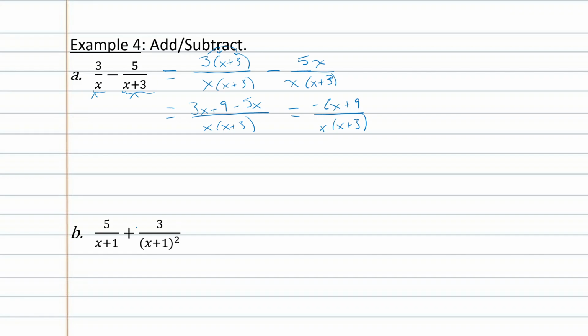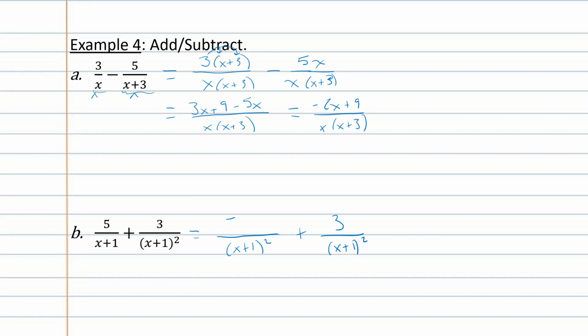Now let's try B. B is 5 over x plus 1 plus 3 over x plus 1 all squared. Okay. Now, the common denominator here is going to be x plus 1 squared, which means that technically this second term here already has the common denominator as the denominator, so I don't need to do anything to it.